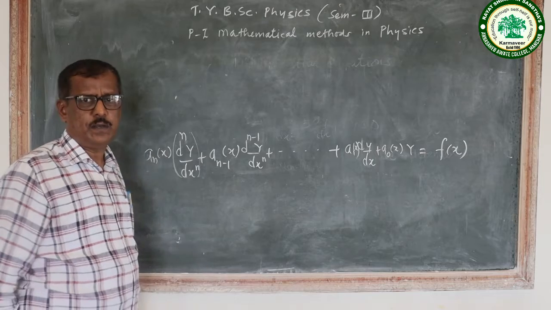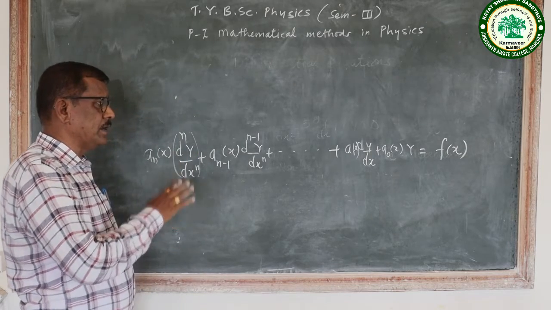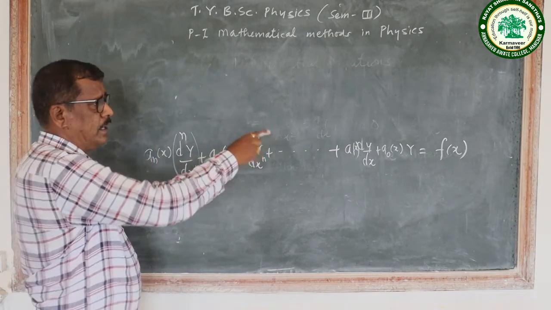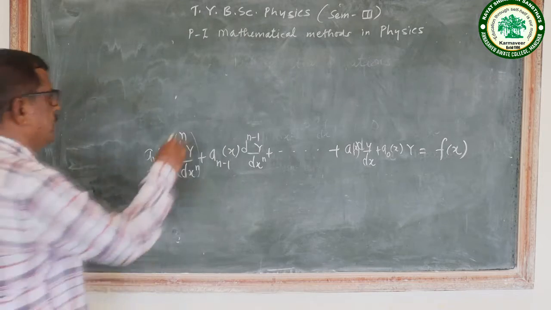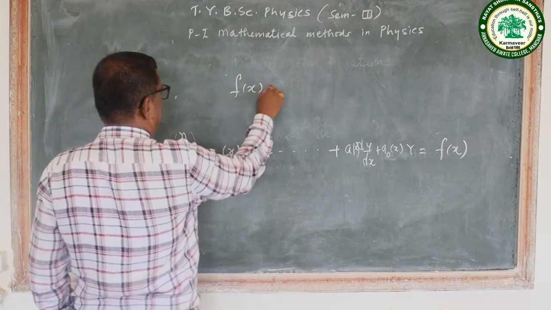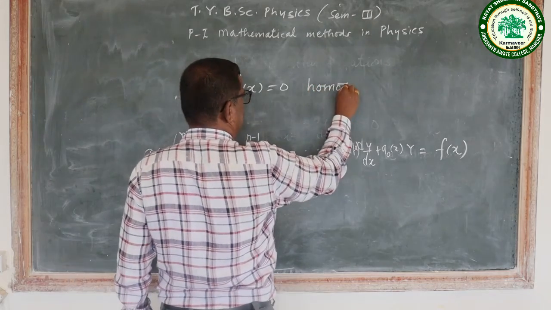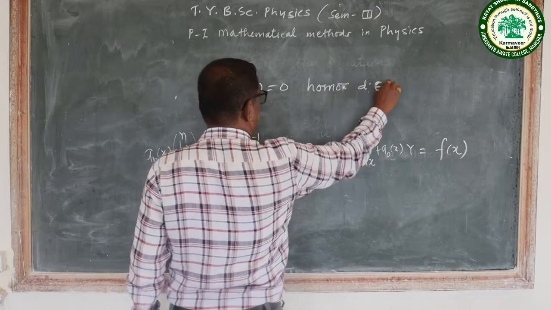This is a standard differential equation, and in that standard differential equation, if RHS is equal to 0, that is f of x is equal to 0, then this differential equation is called the homogeneous differential equation.